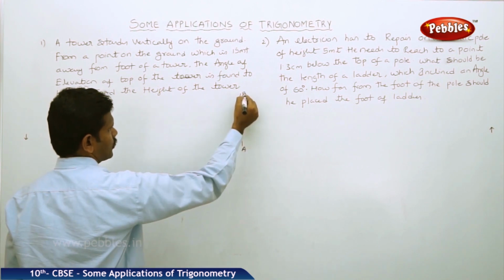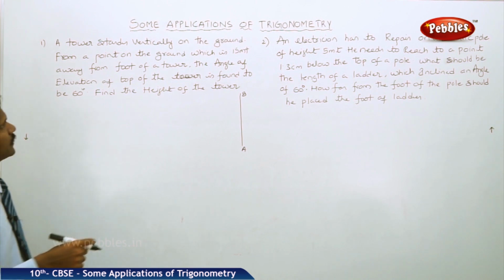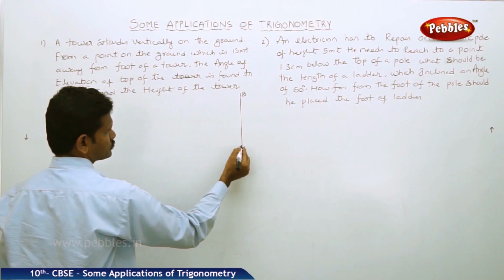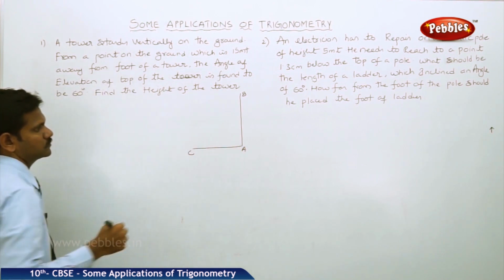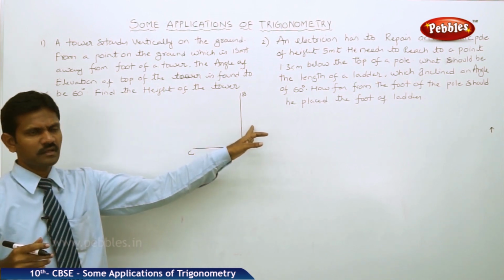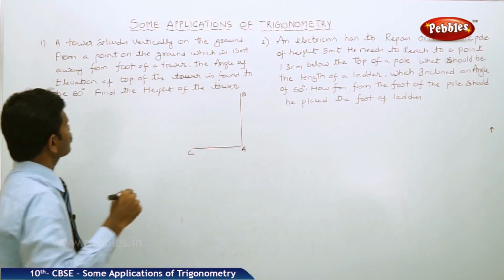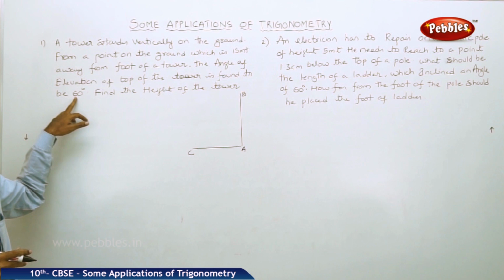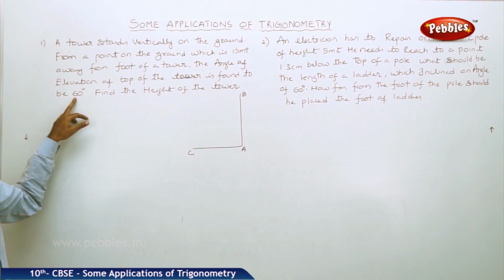Let AB be the height of the tower, and the point is 15 meters away from the foot of the tower. That means this tower is 15 meters away from a particular point. The angle of elevation of the top of the tower is found to be 60 degrees. The angle of elevation means the eyesight will be above the normal eyesight.